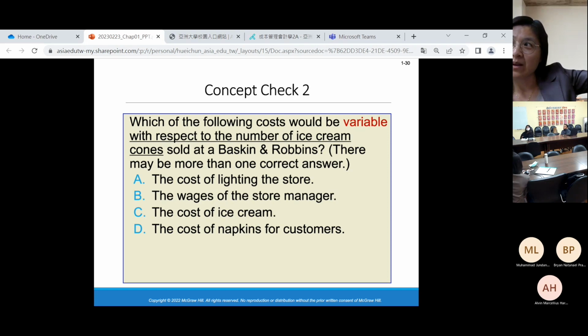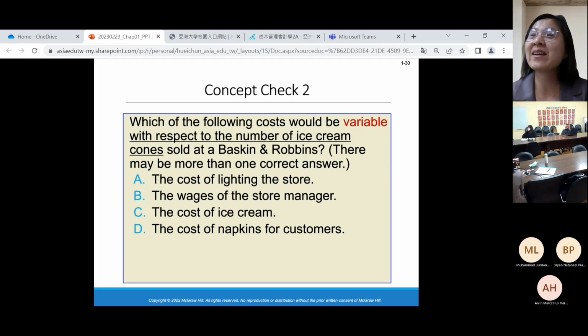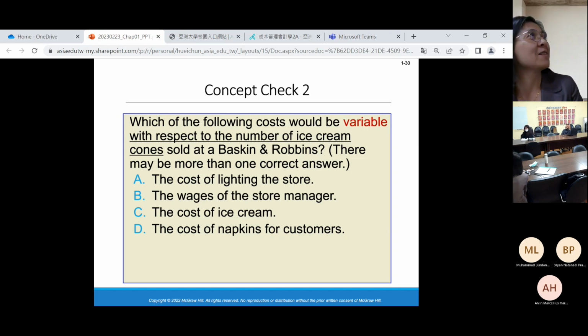Are you sure? Wait. Variable, not fixed, okay? So which one? Is A variable?